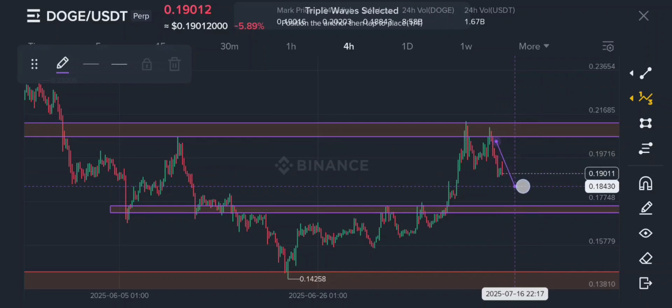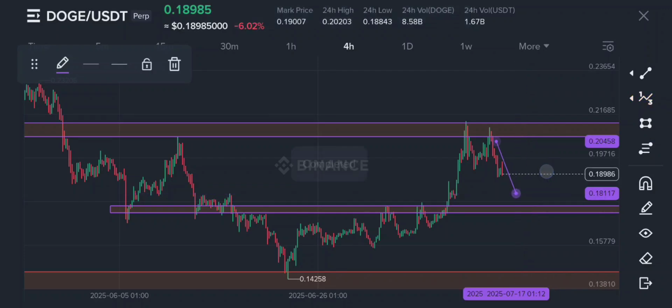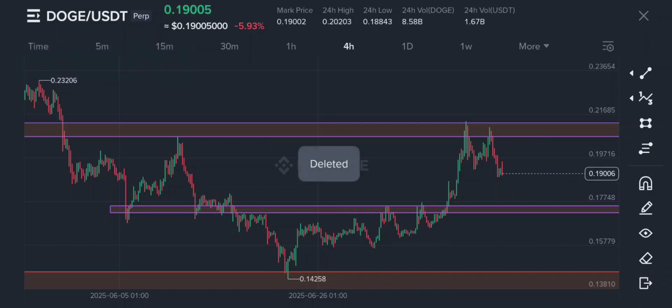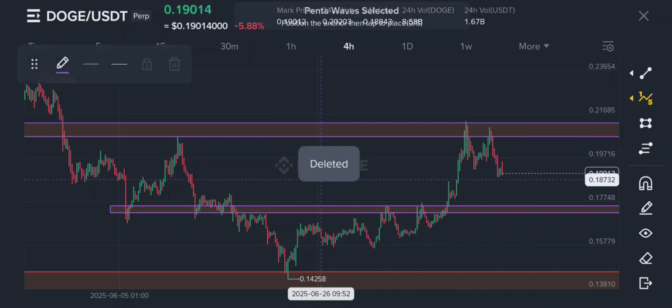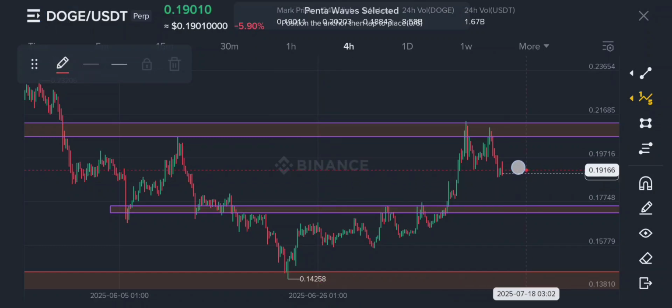It can come to this point, react. Okay, Doge can come to this point and do something like this.